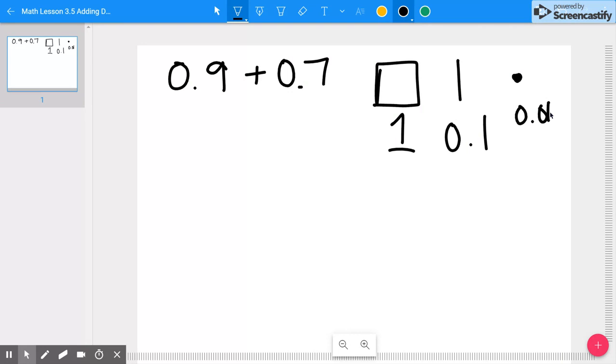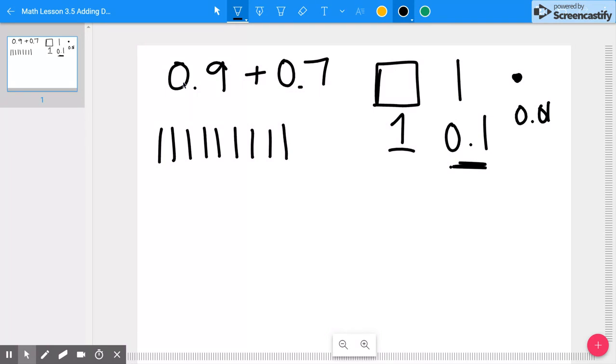So when I look at 9/10, I know I'm going to use the long, and I need 9 longs. 1, 2, 3, 4, 5, 6, 7, 8, 9. So those 9 longs represent the 9/10.